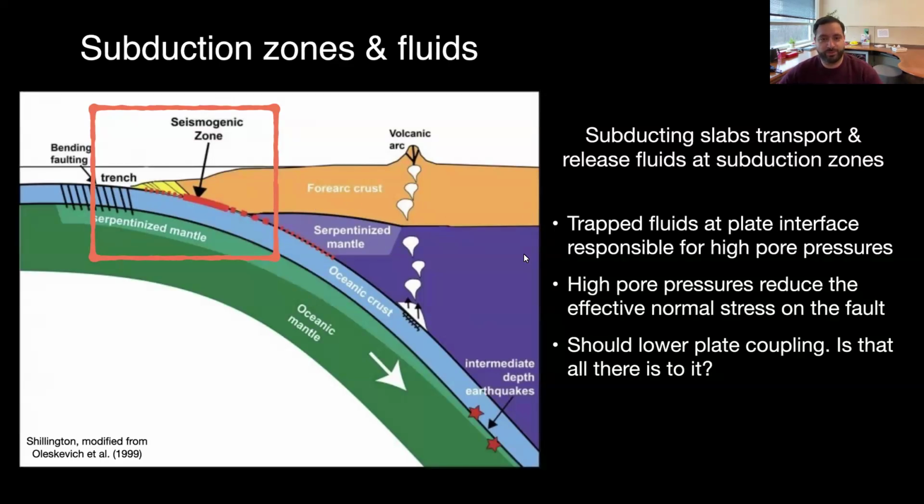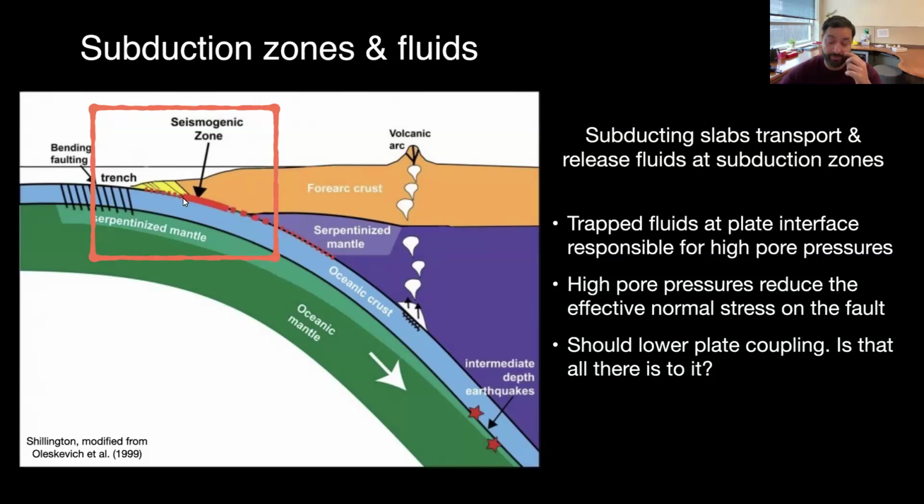We know fluids are a critical variable in a lot of these tectonic and magmatic processes. As you can see from this diagram, the fluids also matter because they're released from the downgoing slab and drive flux melting that feeds the volcanic arcs.